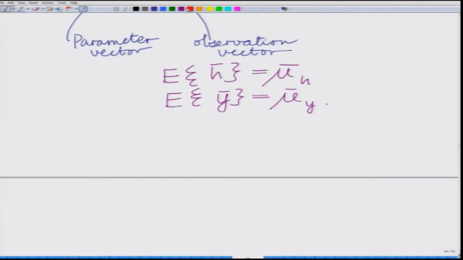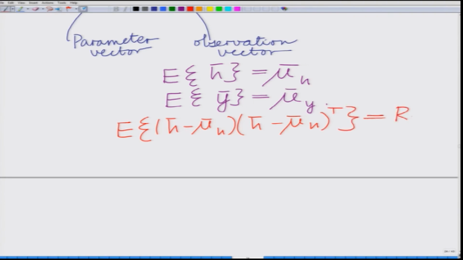So, what we need for estimation is, again, the expected value of (h bar minus mu bar h) times (h bar minus mu bar h) transpose. This is R_hh. Since they are vectors, I cannot simply consider the variance anymore.